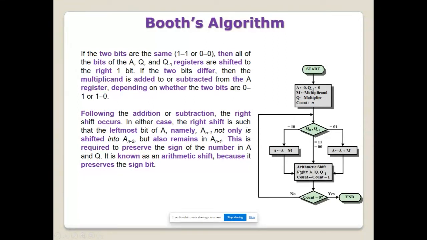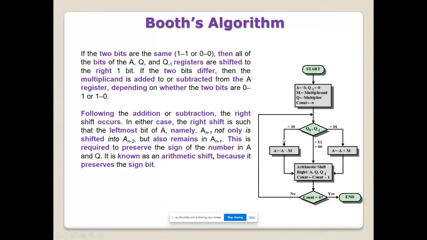I will show you what arithmetic right shift is. Q0 means the least significant bit of Q. If they are 0 1, we add the multiplicand to A. If they are 1 0, M is subtracted from A and the result is stored in A.